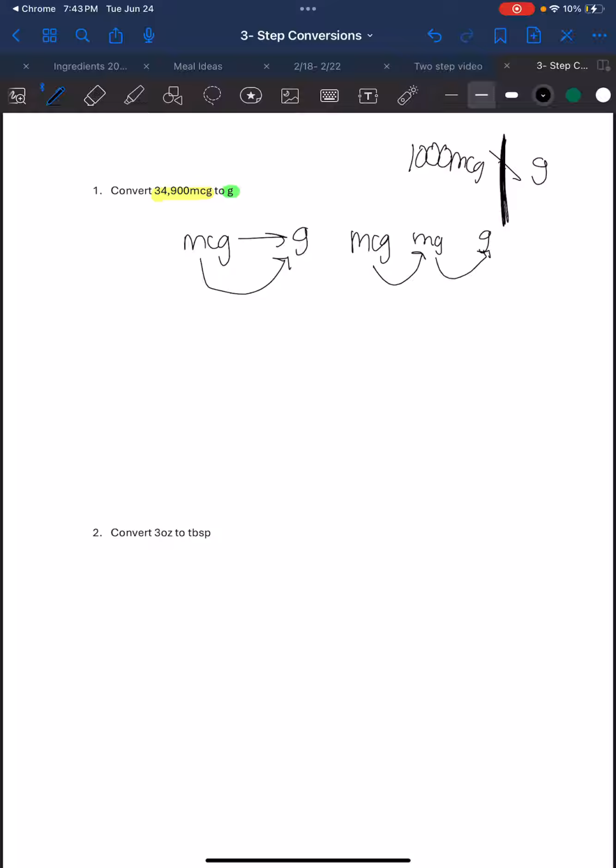So we know that 1,000 micrograms equals 1 milligram. And to go from milligrams to grams, 1,000 milligrams equals 1 gram. That's how we know we will have to do 3 steps, because we can't go directly from micrograms to grams. We have to make a stop in between at milligrams.